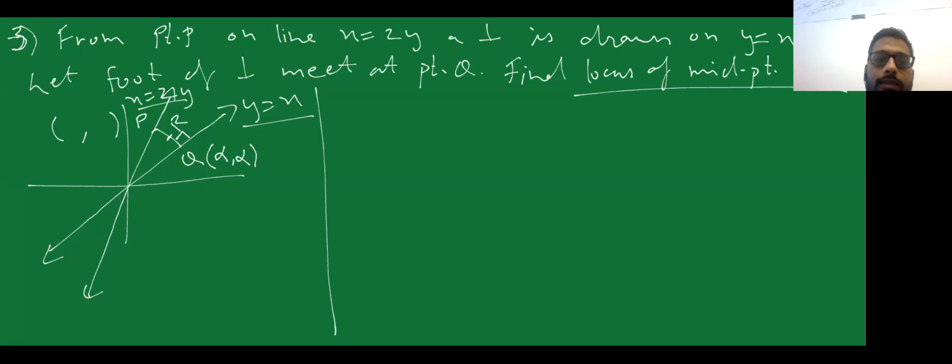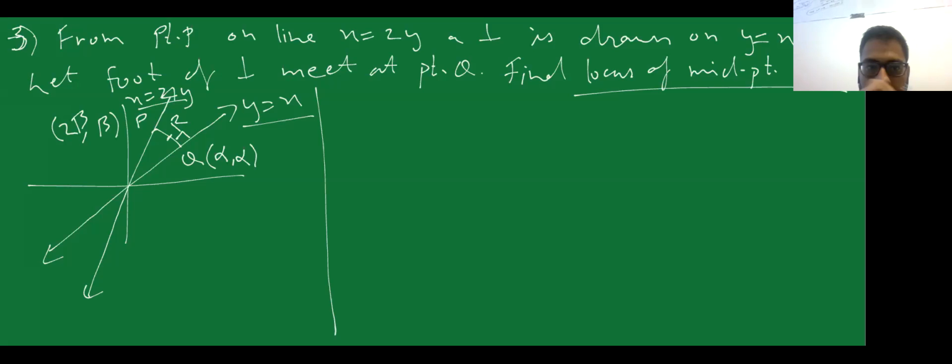So if I say that my y coordinate is beta, then x is equal to 2y, so that is 2 beta. Now I don't have the actual coordinates, but I have assumed some values of coordinates for points P and Q. So now I have to find the values of alpha and beta. And once I have these values of alpha and beta, I can easily get my midpoint R.